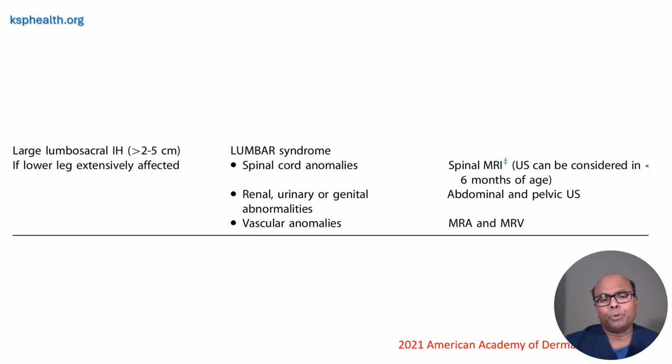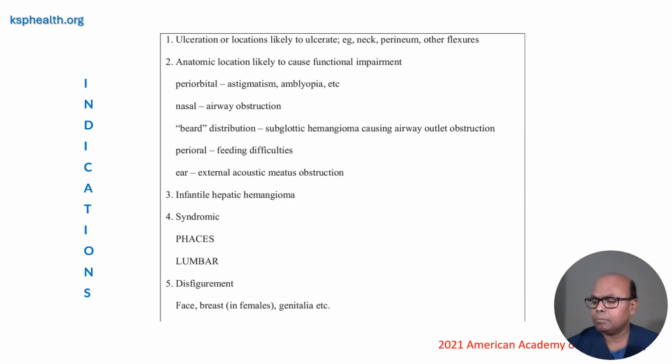When there is a large lumbosacral hemangioma, meaning more than 2.5 centimeters, and the lower leg is extensively involved, one should look for spinal cord anomalies using spinal MRI, or one can use sonogram if the patient is less than 6 months of age. Abdominal and pelvic sonogram to rule out renal, urinary, and genital abnormalities. MRI and MRV to rule out vascular anomalies.